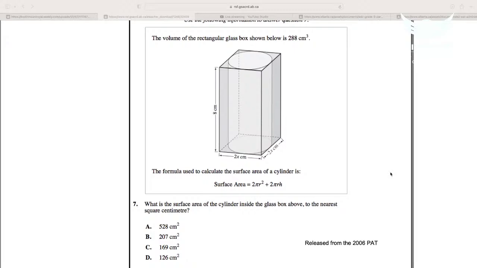The height of the box is 8 centimeters. The dimensions of the bottom are 2x by 2x. So what we need to find is the surface area of the cylinder inside the box.